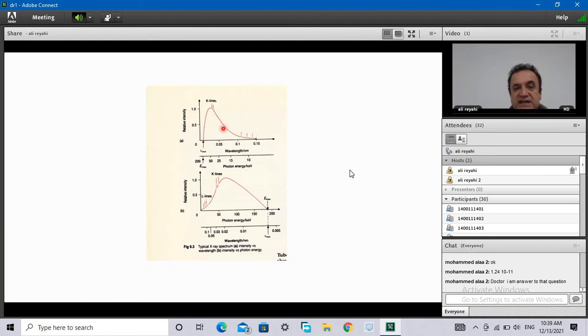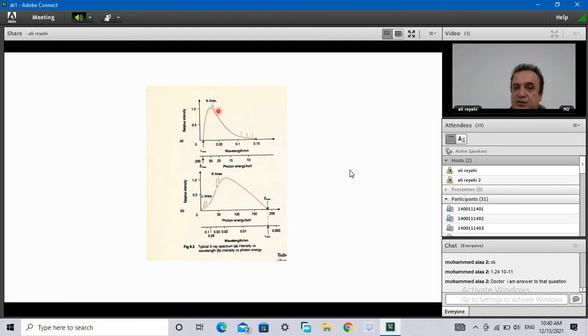Here you see the spectrum of X-ray. It is a profile. Please notice and learn this part. The x-axis is wavelength, and the y-axis, the vertical axis, is relative intensity.